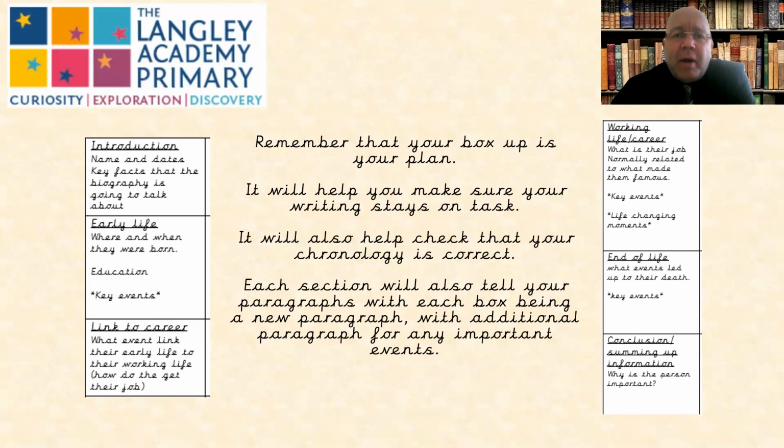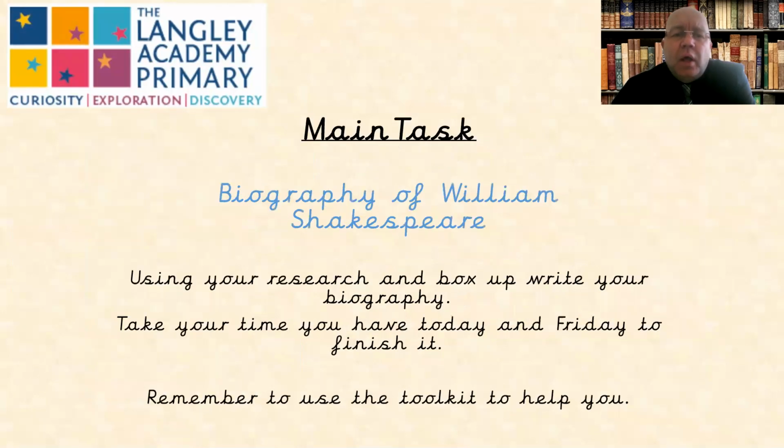Remember paragraphs: if you're talking about something different or the time has changed, then we move to a new paragraph. You could have quite a few paragraphs here by the end of it. So remember, keep referring back to your box up. That should be full of wonderful information that you've researched offline.